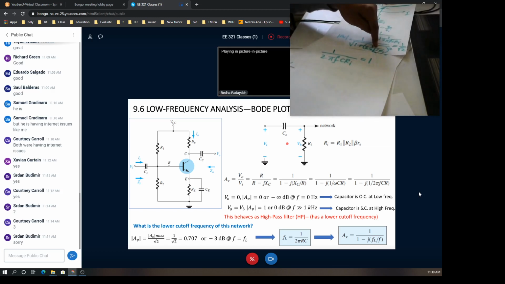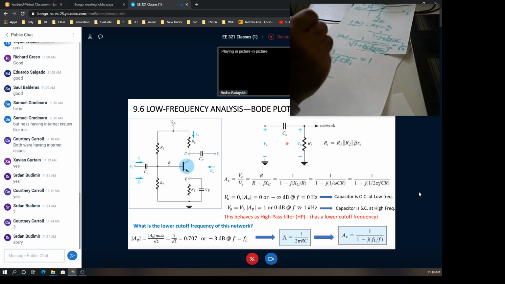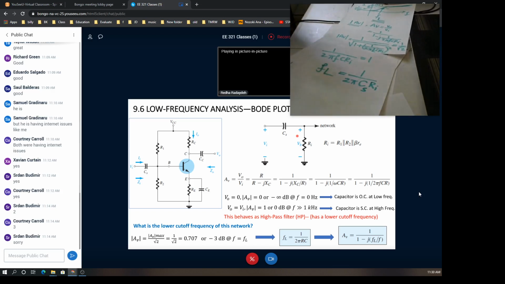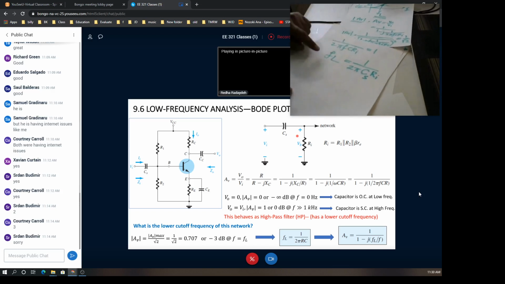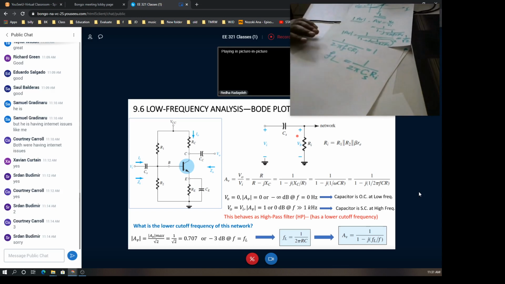So we solve this for F, which is the lower cutoff frequency, and we find that the lower cutoff frequency should be 1 by 2π times the C value times Ri, which C? The CS value, for the capacitor CS. So this is the lower cutoff frequency value. If you have the numerical values for CS and Ri, you can plug them in to find the lower cutoff frequency. Any questions?